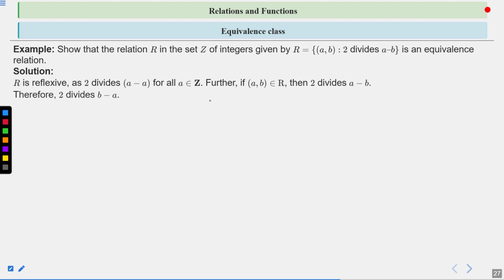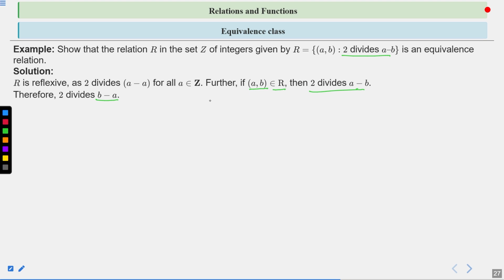Now for the symmetric part, we always start with the pair (a,b) belonging to R. If it belongs to R, meaning it satisfies the condition, 2 divides a minus b. Now what we have to show is that (b,a) belongs to R. So if 2 divides a minus b, then 2 also divides b minus a. It doesn't matter.